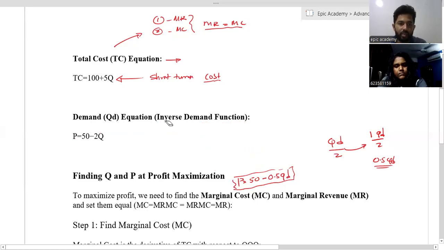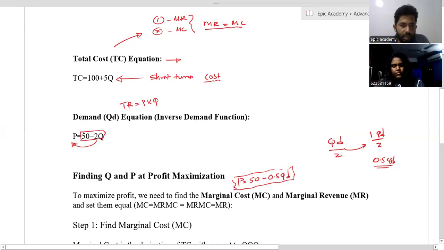Because it says P equals 50 minus 2Q. That means this entire equation represents the value for P. P means price of the commodity. So you know that TR can be calculated as P multiplied by Q.